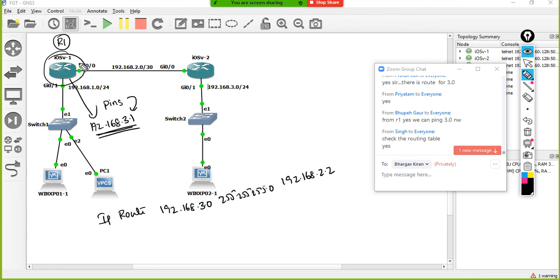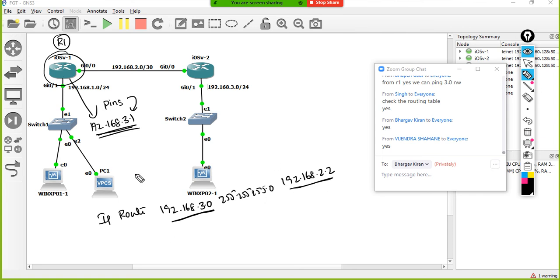Then what it's saying is, if you want to go to 192.168.3, just forward to 192.168.2.2, go via 2.2, right ma'am? Yeah. So whenever it's forwarding there, what is the source IP and what is the destination IP?